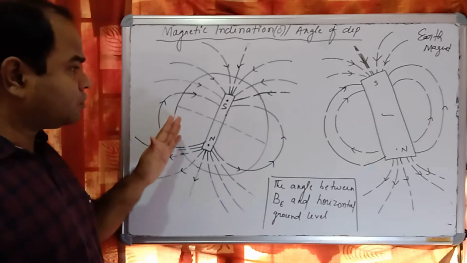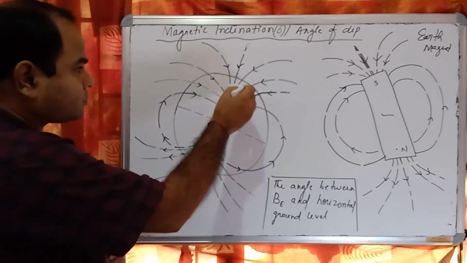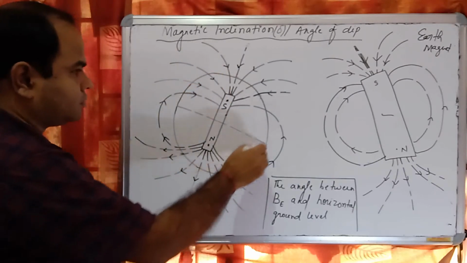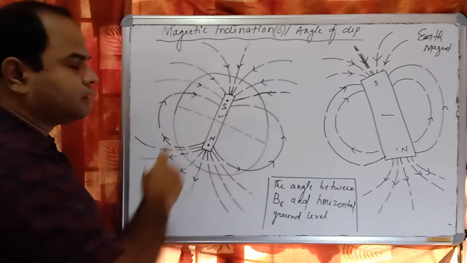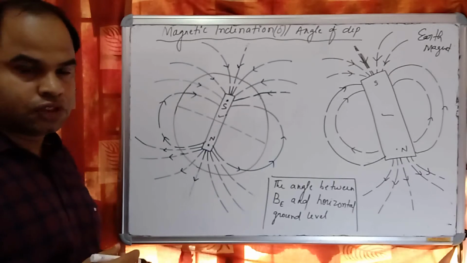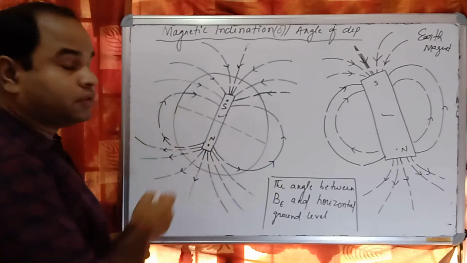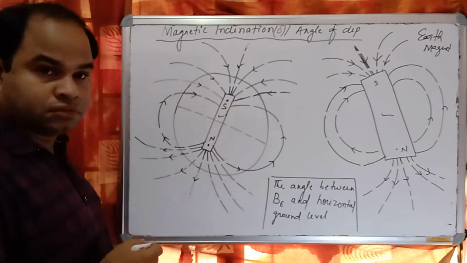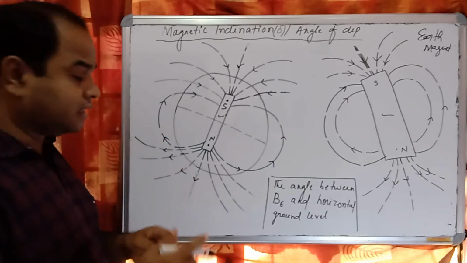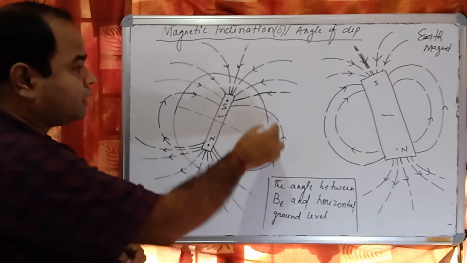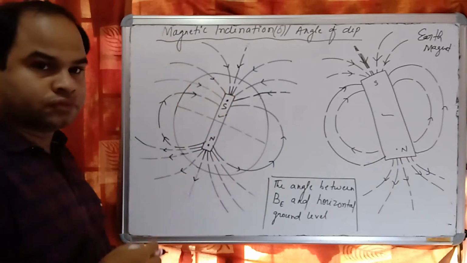So this diagram shows the Earth and this Earth magnet. This is the North Pole of this Earth magnet and this is the South Pole. The magnetic field lines start from the North Pole and end in the South Pole.